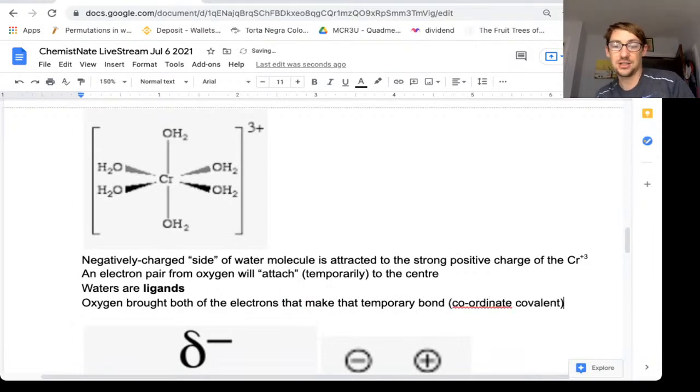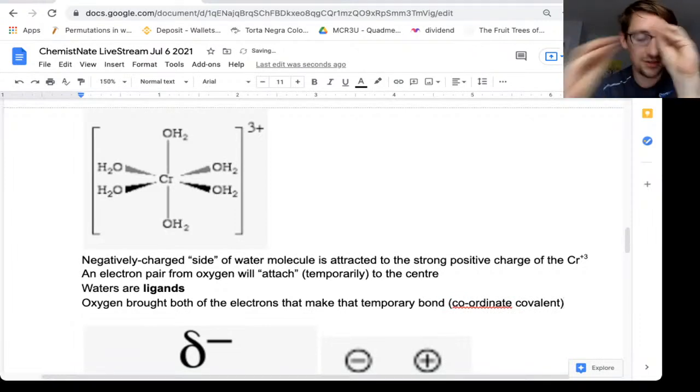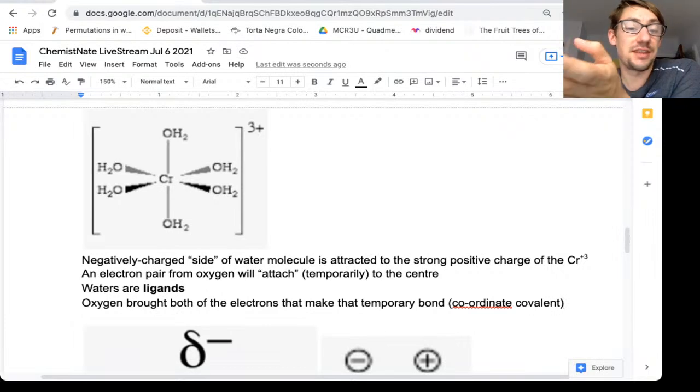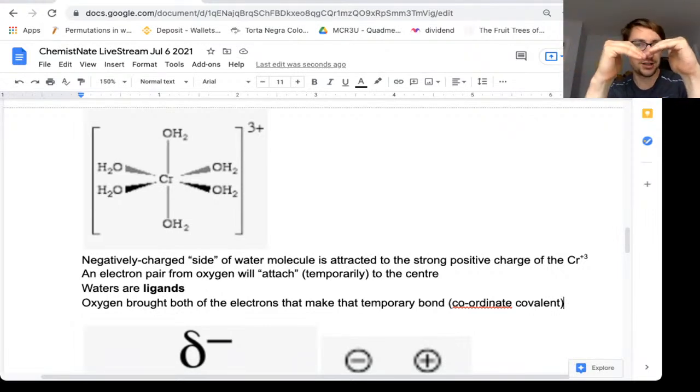The electrons are still being shared in there somewhere, but oxygen brought them both. It was not a perfect covalent bond where each of the atoms brought one electron. Oxygen brought both. That is why we call it coordinate.